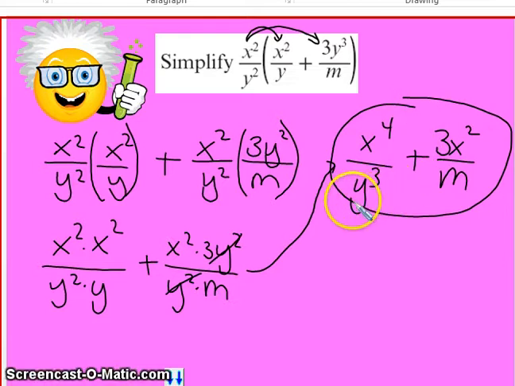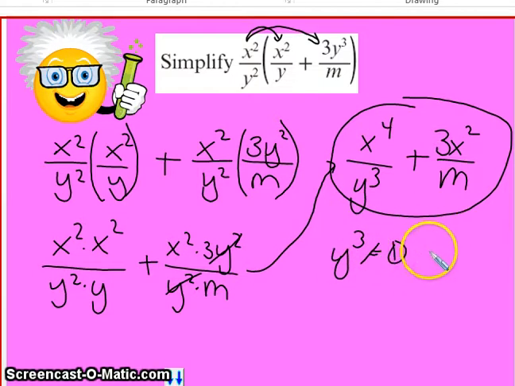Now remember that that last slide said that the denominator cannot equal 0. So now we need to specify which variables cannot equal 0. Now, notice down here y to the third is the denominator. So that means y to the third cannot equal 0. So what number could we plug in for y and cube that would make 0?